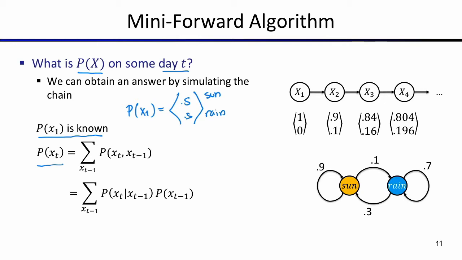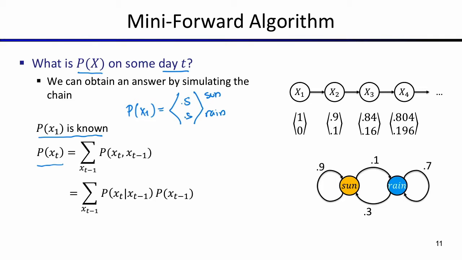So let's first think about how we can compute the probability of xt from xt minus 1. For this probability of xt, we need to introduce the variable xt minus 1. And the way that you do that is by using case analysis. Remember from our lecture about probabilities that we have this trick, and it's very useful.